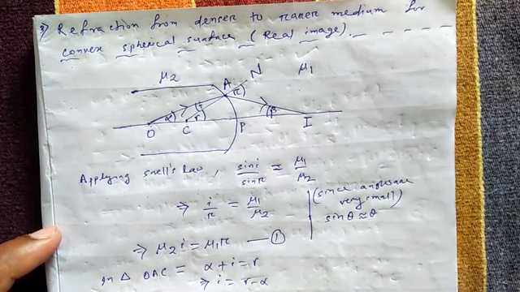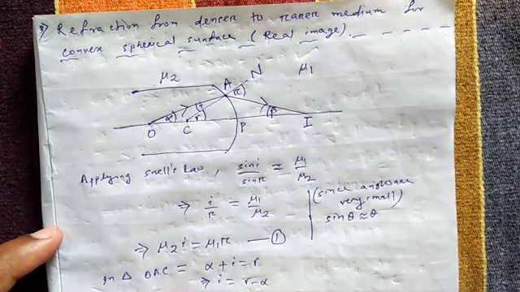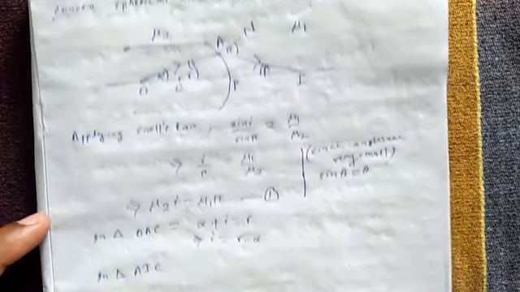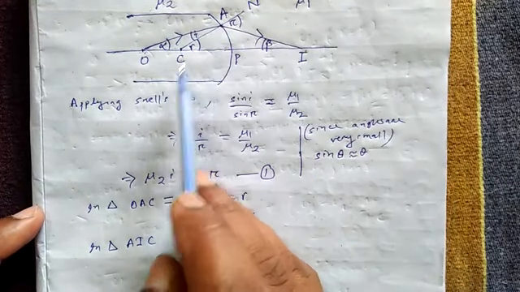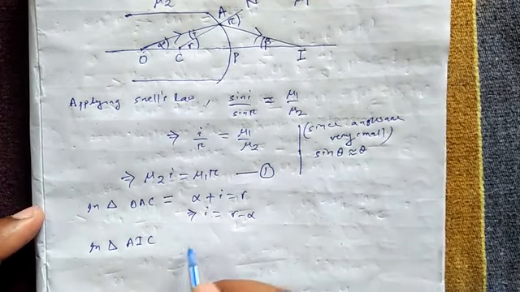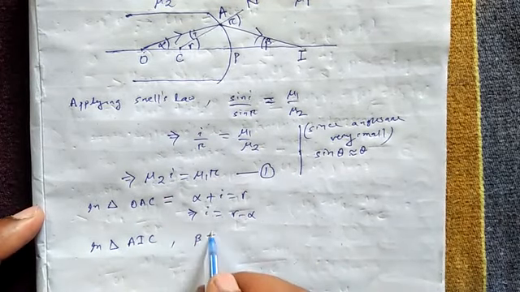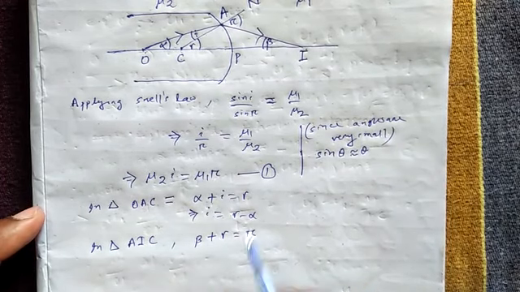In triangle AIC, we can write beta plus gamma is equal to R. Beta plus gamma is equal to R.